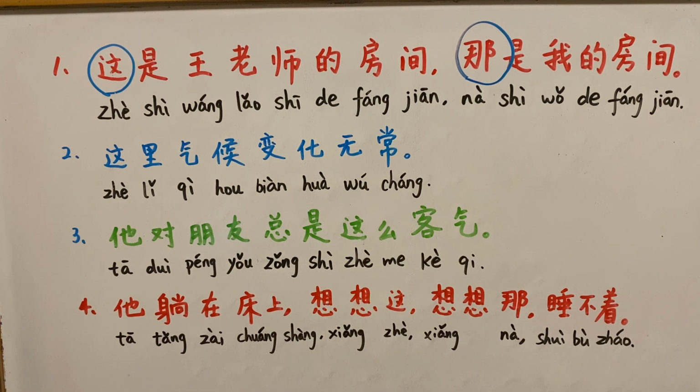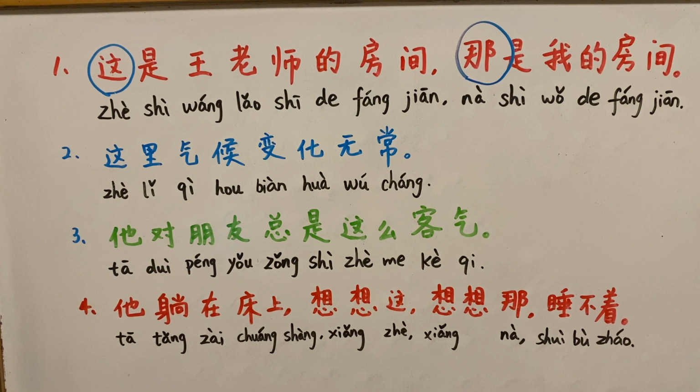It means he is always this polite to his friends. 这么客气, this polite, very polite. 他对朋友 means to his friends.